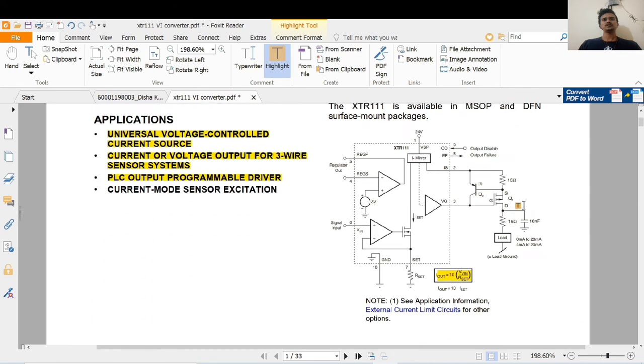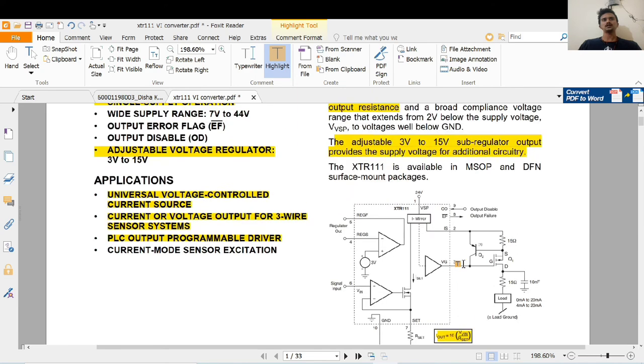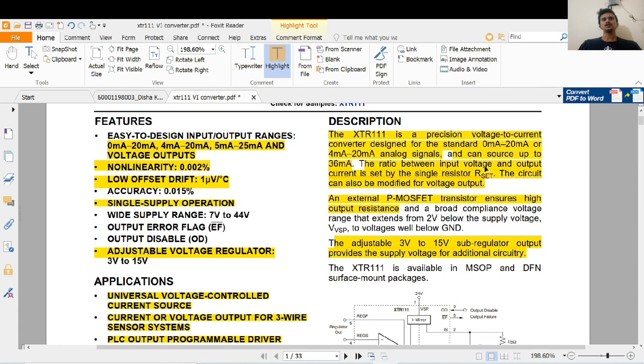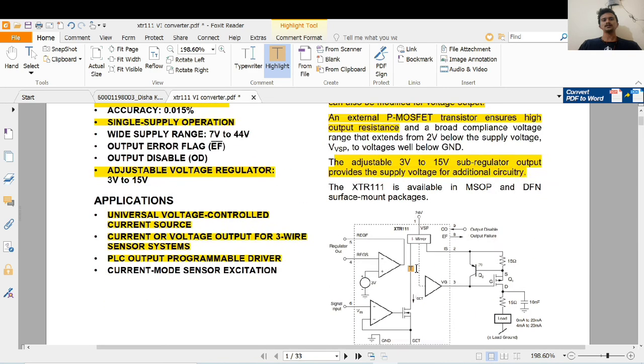This is the functional internal block diagram of the XTR111. Here there are two input buffers and we get the output here. The Iout is 10 times Vin by Rset. The ratio between the input and the output current is set by a single resistor, the Rset.